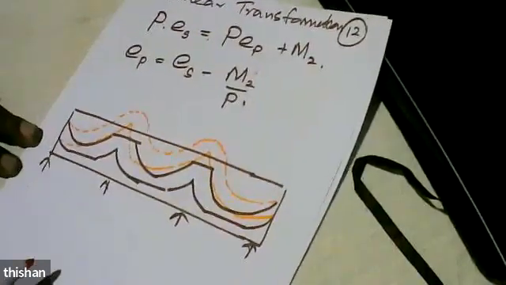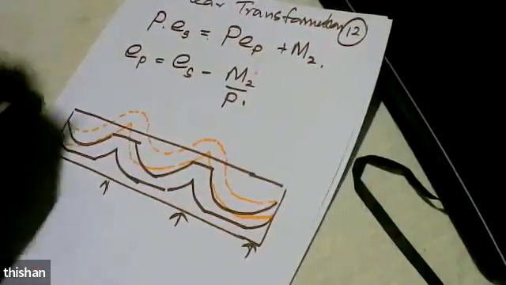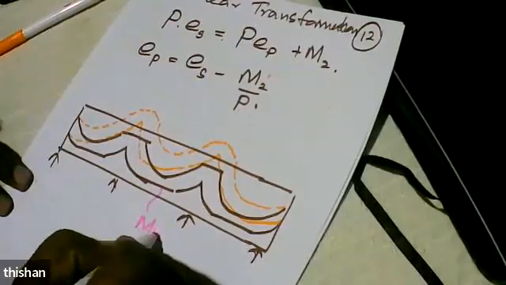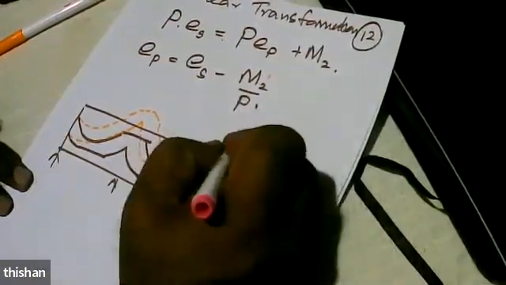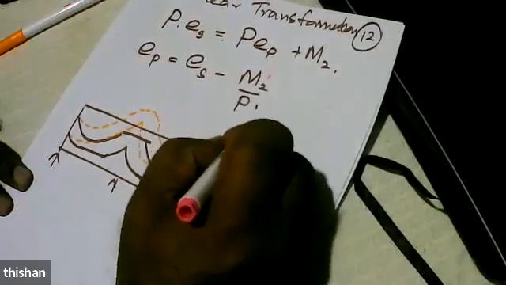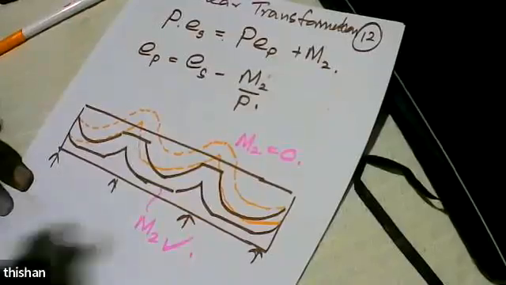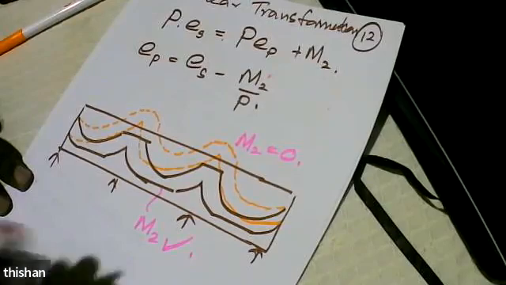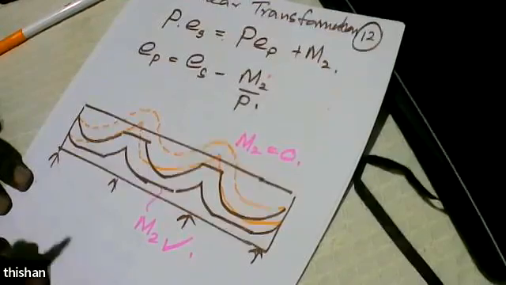So what have I done? Now this has M2, this has M2, but for this I have removed M2, so for this M2 is equal. Because I have used something called linear transformation and transferred the cable profile to a line of thrust zone.